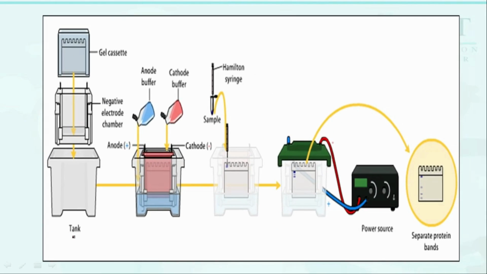Let's discuss with the help of a diagram. There will be a positive and negative electrode chamber, and there will be anode buffer, cathode buffer, and here we add the sample, and under a suitable electric field, according to the molecular masses of the molecules, the separation will occur, and it is helpful for the identification and isolation of the protein molecules.